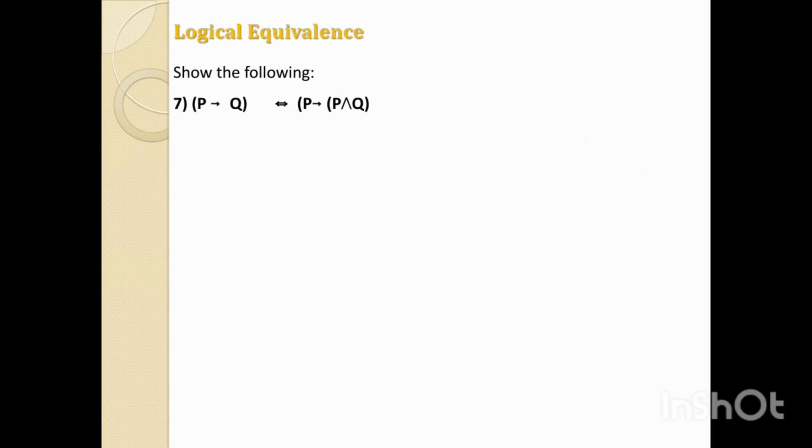Look at the seventh problem statement. P implies Q is logically equivalent to P implies (P and Q). Now here we are considering the RHS side, P implies (P and Q).